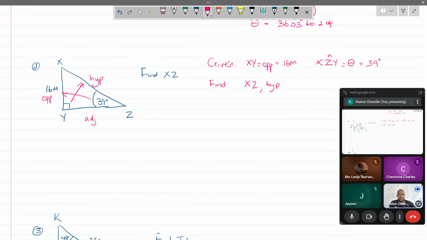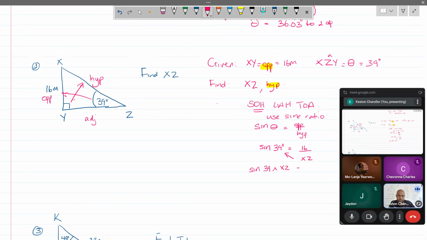We know we need to use something that involves opposite and hypotenuse. So use sine theta is opposite over hypotenuse. Sine 39 degrees is equal to 16 over XZ. Remember I said in terms of parameter cross.